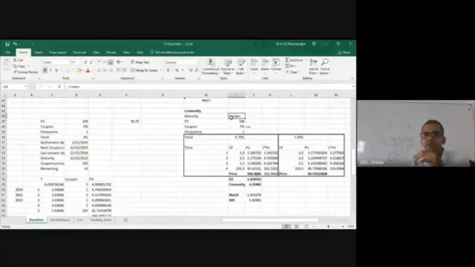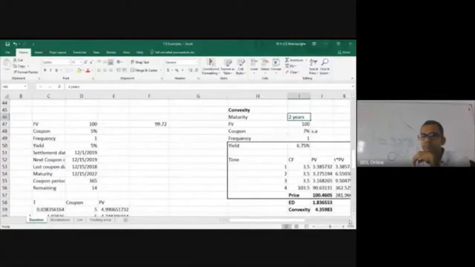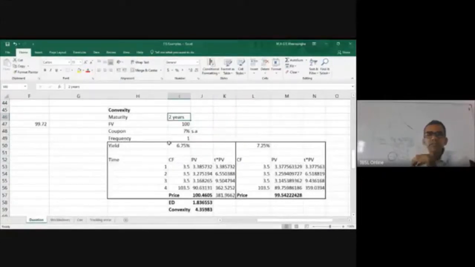This is a 2-year bond, face value 100, coupon 7%, semi-annual coupon, so frequency should be 2. Since the coupon is 7%, we know if the yield is 7%, price is 100. Correct?